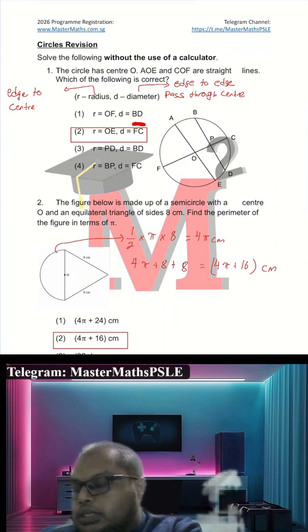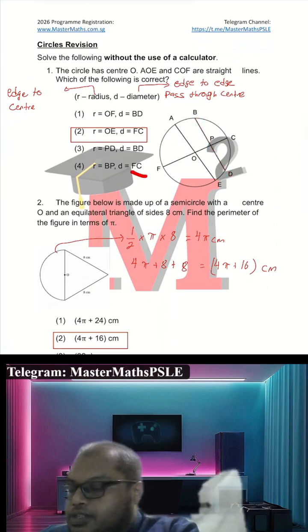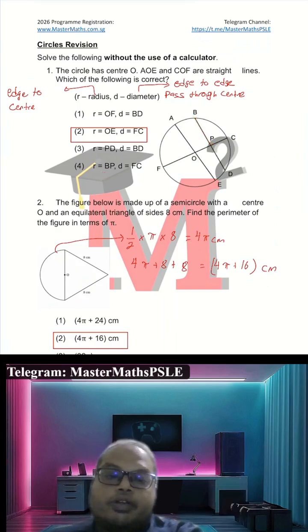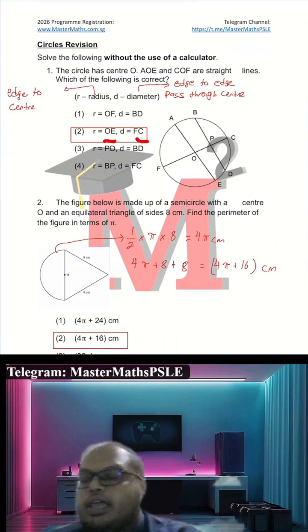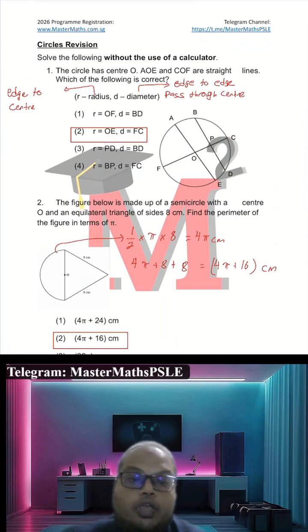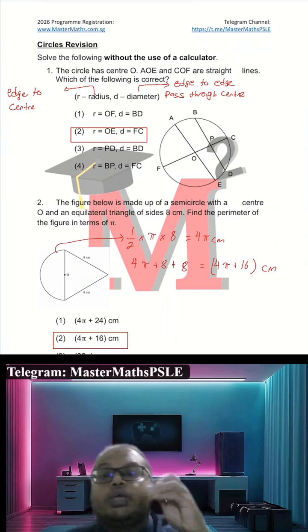Because here BD doesn't pass through the center, and FC passes through the center. But they say BP is the radius. BP is not the radius. So that's why the answer is number 2, OE and FC. Next time this kind of question can do elimination also lah.